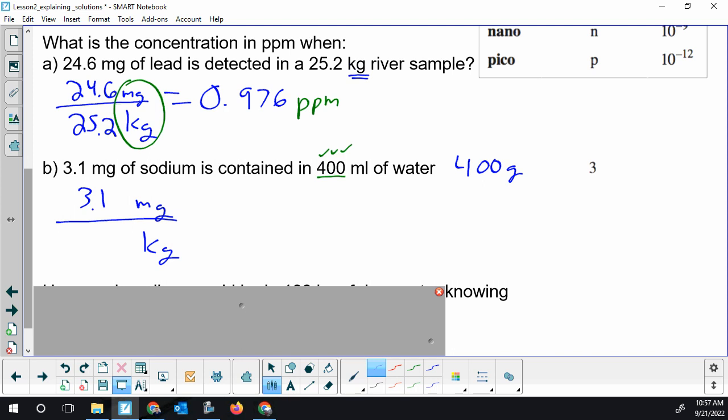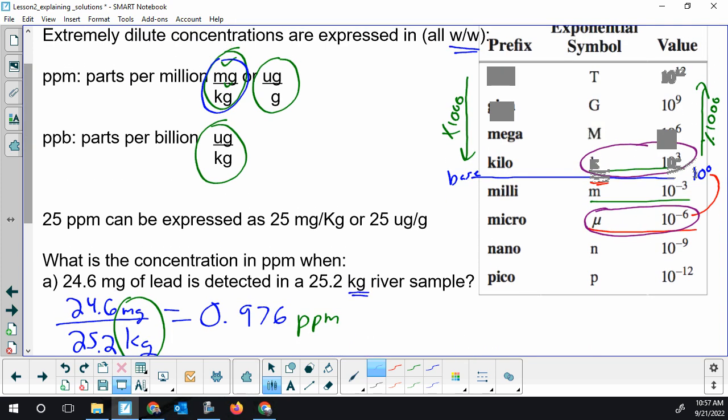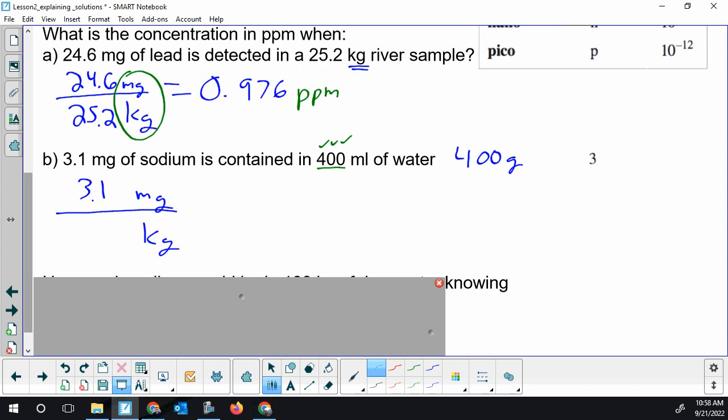Now you could use the factor label method, but I'm trying to get you used to just using this table and converting quickly. We're at grams, which is the base, and we need to go up to kilograms. One jump up, and every up jump is 1,000. So it's divide by 1,000. I think getting used to that table can let you convert faster.